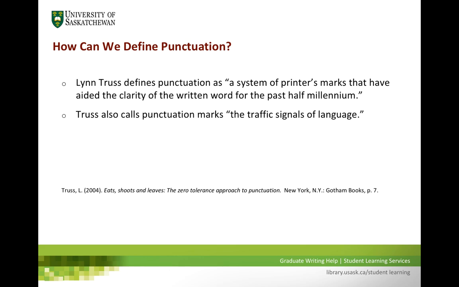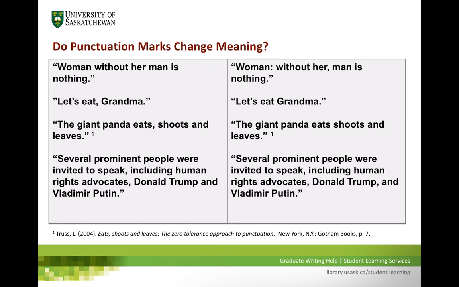And in this way, punctuation marks are like traffic signals. These traffic signals also have a lot to do with meaning, and we're going to see that on this next slide. So let's look and see if punctuation marks can change meaning.